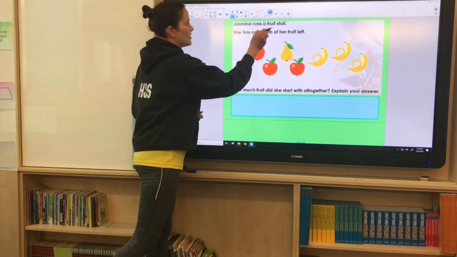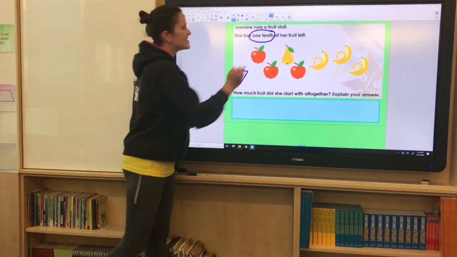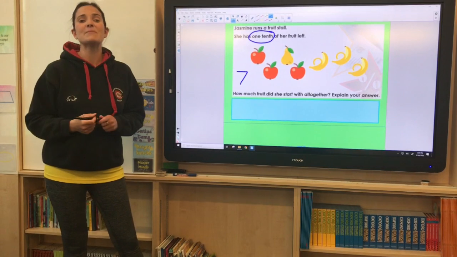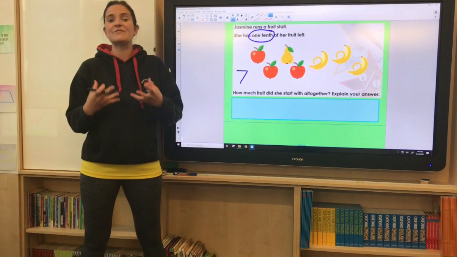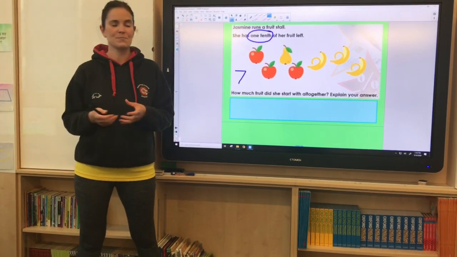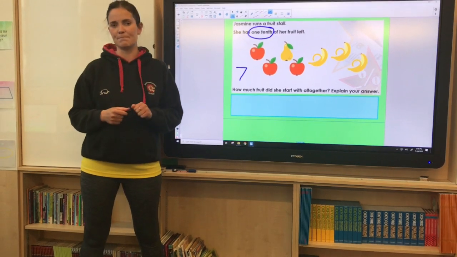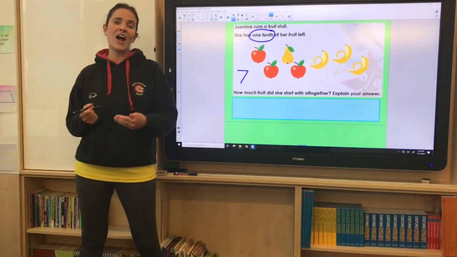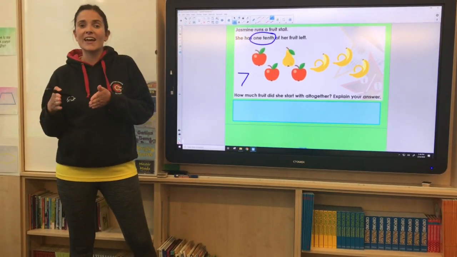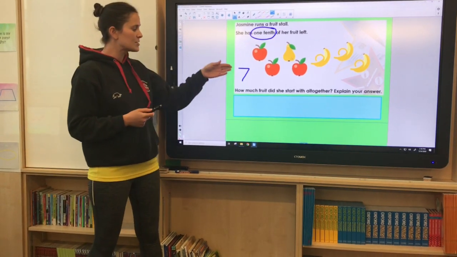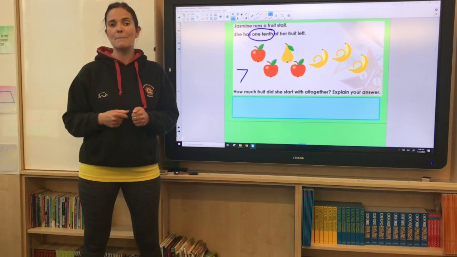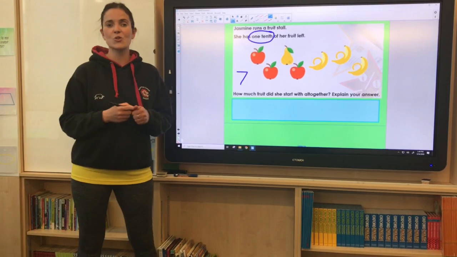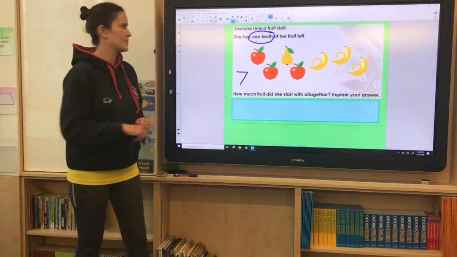Now, this vocabulary here, 1/10, essentially means that we have done some dividing by 10 to end up with this 7. So in order to find out how much fruit she had at the beginning of the day, we need to multiply this number by 10 so that we know how much she started with.